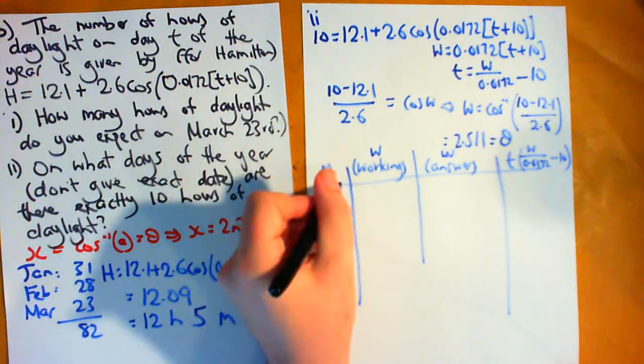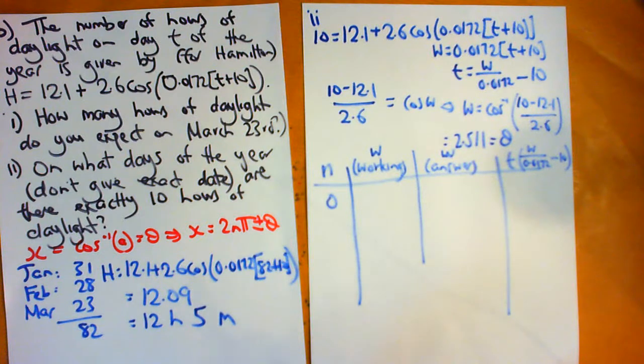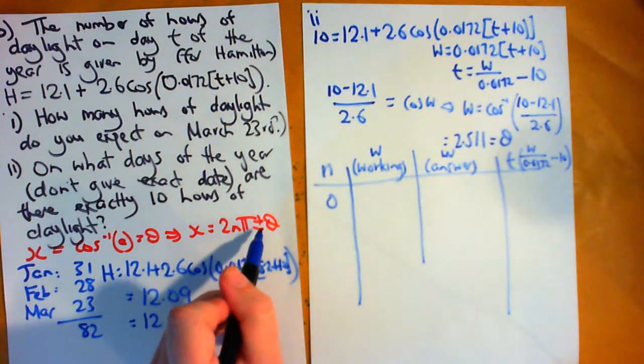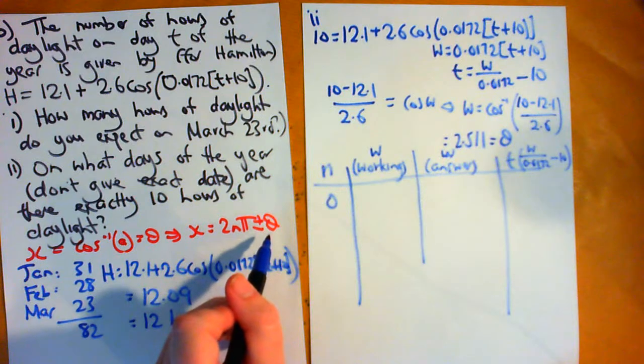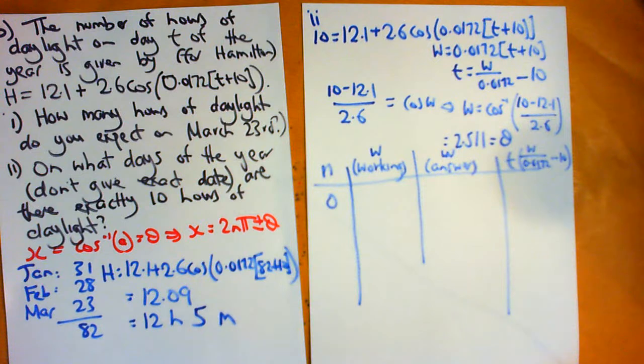So for n equals 0, we're only going to worry about the plus solution, because the minus solution would give us a negative value of t, and therefore it's telling us a day before the year began, so it would be giving us a solution from the previous year.